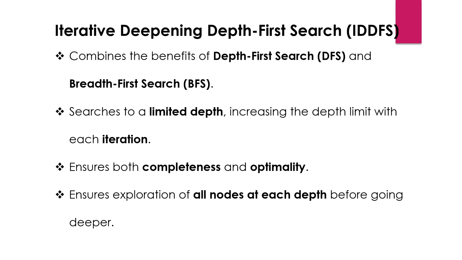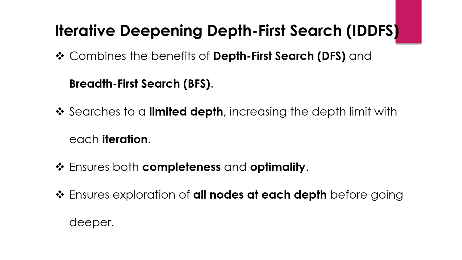Now let's understand what is IDDFS actually. It performs depth limited DFS repeatedly. Instead of searching the entire tree at once, it searches only up to a particular depth initially. The depth limit is 0.